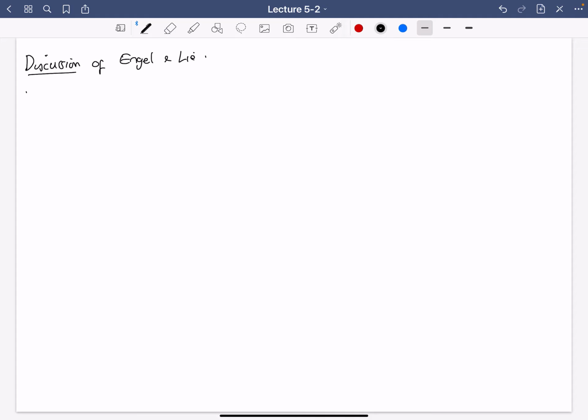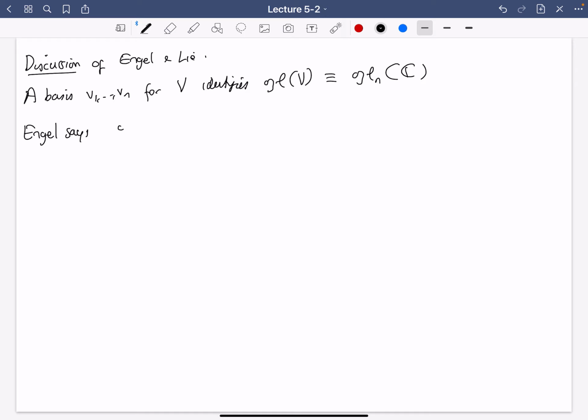So once you've picked a basis, of course that identifies the general linear Lie algebra GL(V) with GL_n of the field. And then Engel says that the Lie algebra G, having made that identification, is identified with the subalgebra of GL_n, which I'm going to call N_n(C), the subalgebra of strictly upper triangular matrices.